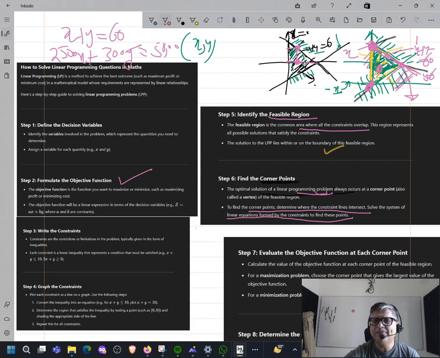So the corner points are not difficult. Solve these two to get the intersection point of the constraints, and then put the value of x and y to be 0 respectively, and you will be able to find the points of intersection. So the first aim is always to find the point of intersection, primarily of the constraints.